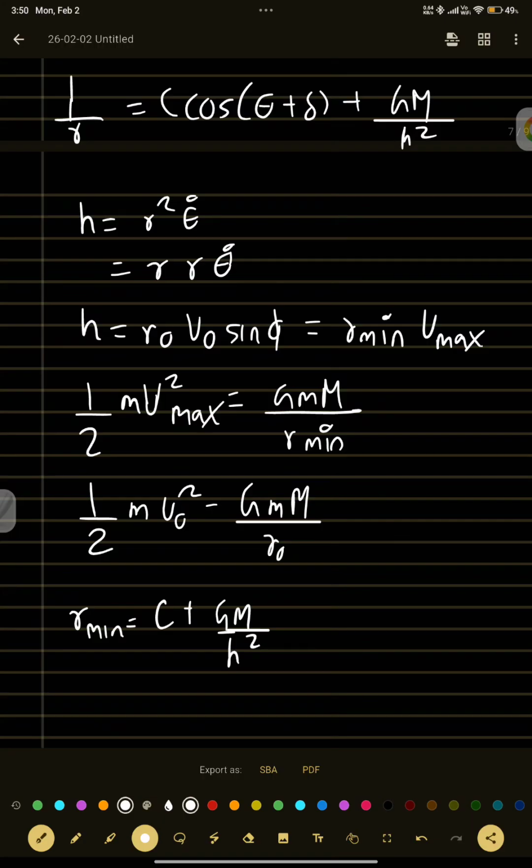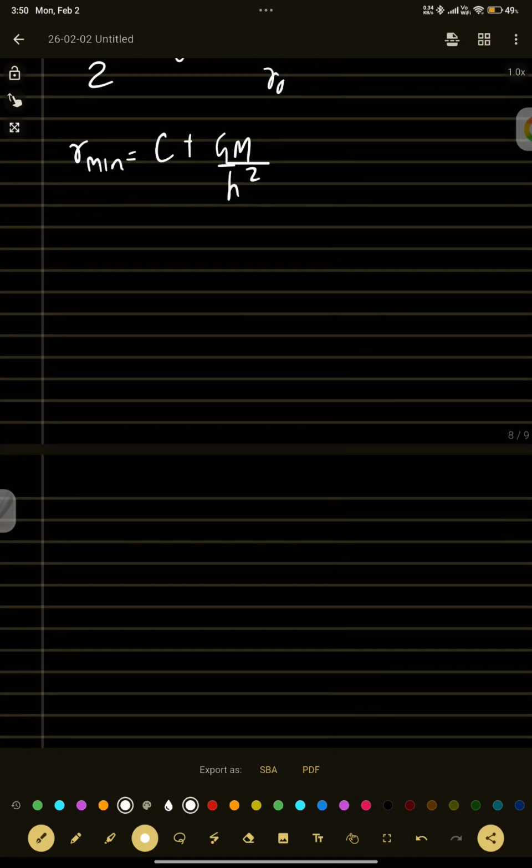I want all of you to put on your thinking cap and study something. What is that? When your launching speed is less than the circular orbital speed, that means it is root gm by r naught.